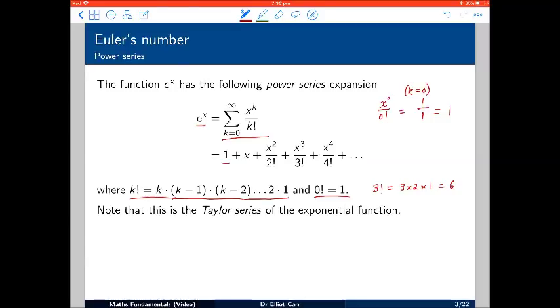Okay, and it turns out that this power series expansion is simply the Taylor series of e to the x.